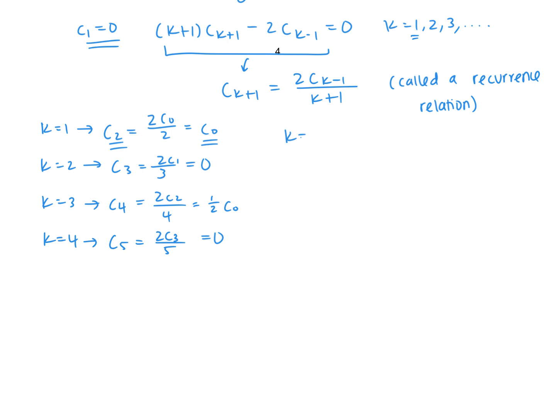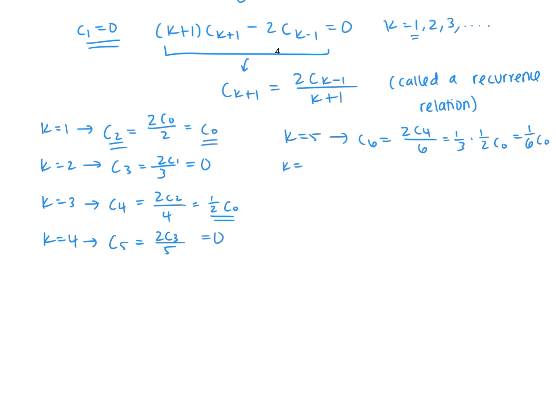If I substitute in k equals 5, that will give me c6 is equal to 2c4 over 6. Well, c4 I have here, which is 1/2 c0. So that gives me 1/6 c0.